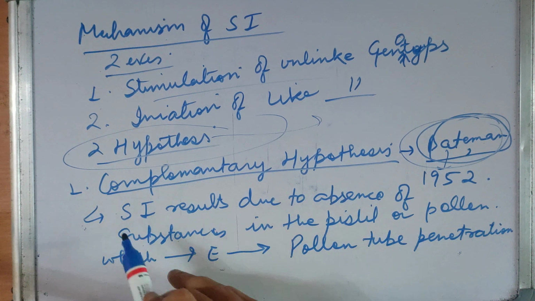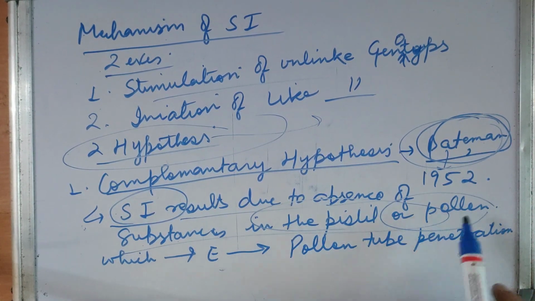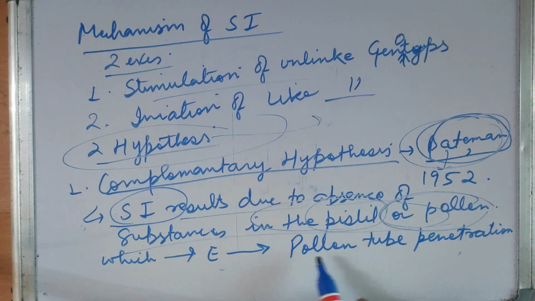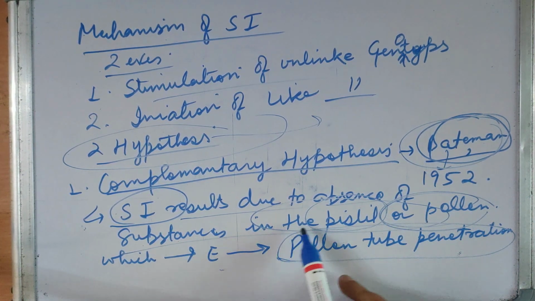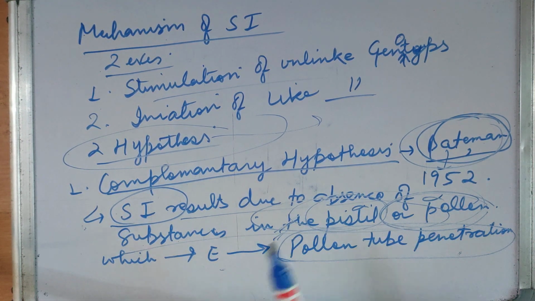The substances required for pollen tube penetration are absent in pistil and pollen. That is why, despite having functional pollen grains, we are not able to do fertilization. So this is what the complementary hypothesis is.